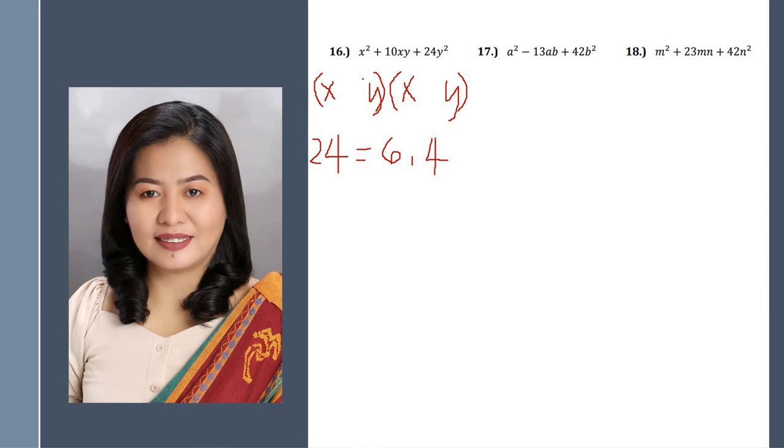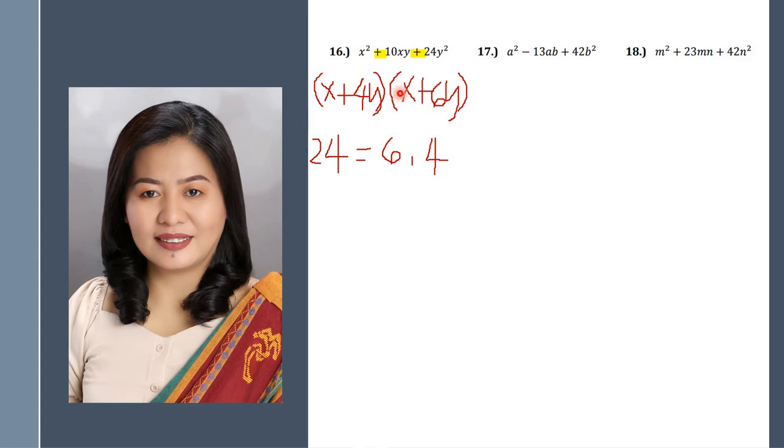So we will have 4 and 6. We write it beside y. And since looking at the signs and the operations in the second and third term, they're both positive, it's easy to just figure out that our operations in both factors will be plus.